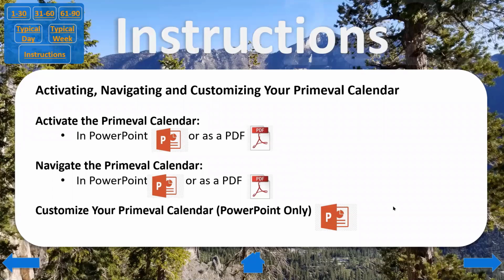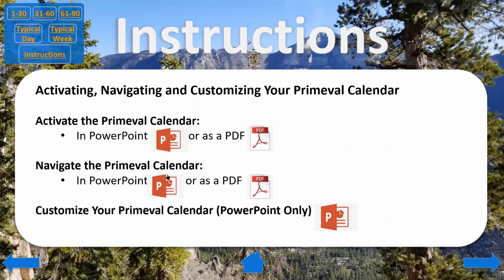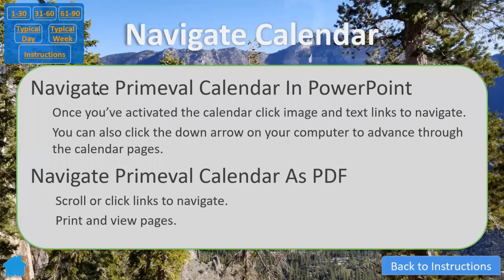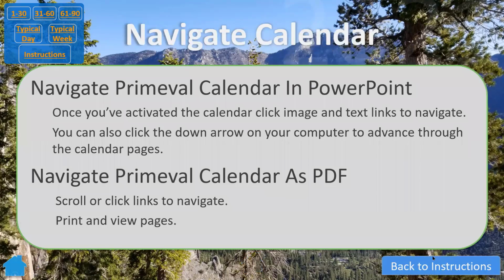Okay, back to instructions. Activate it as a PDF. And the important thing is to have the free Adobe PDF reader. Navigate the calendar as a PowerPoint, and it gives you instructions there. Navigate as a PDF.